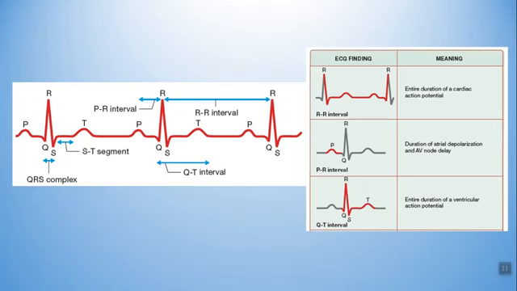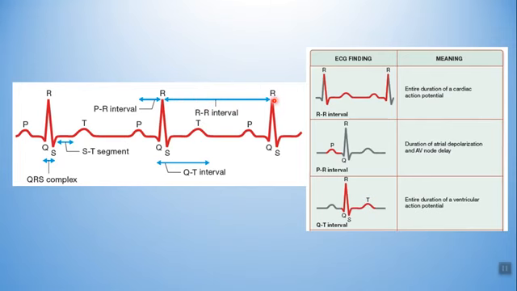Beyond the three components that were just mentioned, an EKG also allows us to gather more information about a patient through looking at the intervals. First of all, we can measure the patient's heart rate by looking at the R to R interval. Measuring the distance between this R and this R will allow us to appreciate a patient's heart rate.